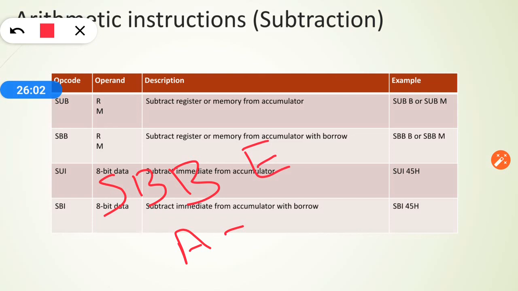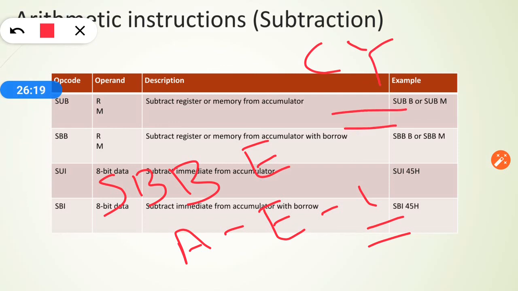So it indicates A minus E minus 1. Here 1 is the borrow, right? The CY bit, which is the carry bit from your flag register, is used here.